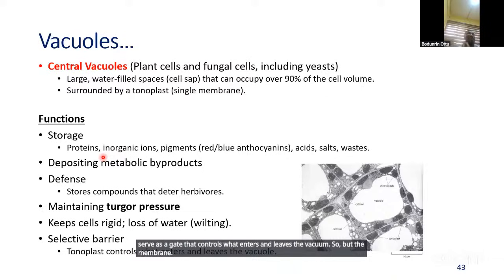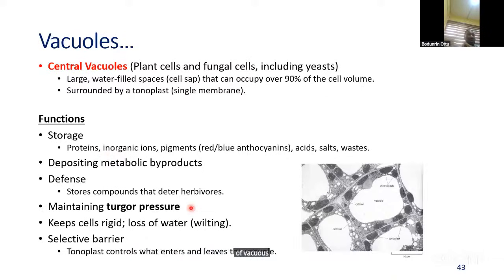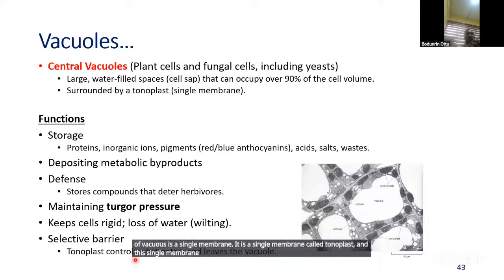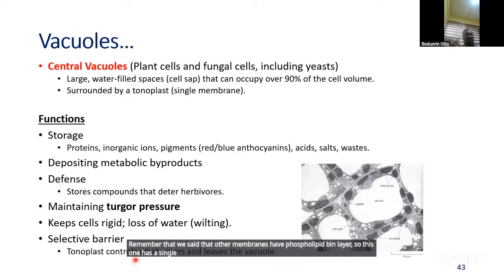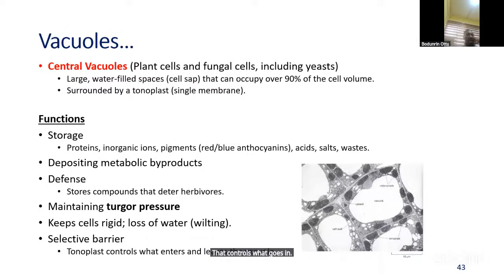But the membrane of vacuoles is a single membrane called tonoplast. And this single membrane only has a single lipid bilayer, not two. Remember that we said other membranes have a phospholipid bilayer. So this one has a single lipid bilayer that controls what goes in and out of the vacuole.